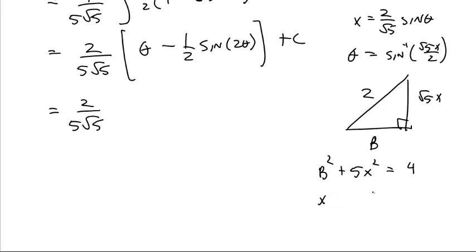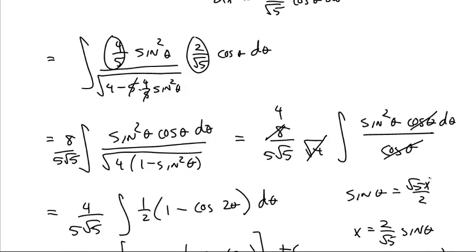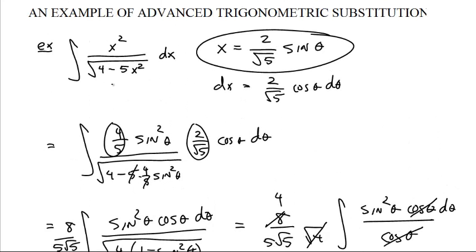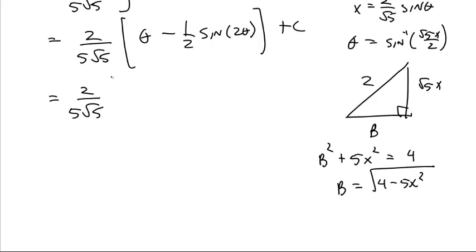I'm solving for b, so b is the square root of 4 minus 5x squared, which is what we had in the original problem. Anyway, what was theta? Theta was the arc sine of root 5x over 2.